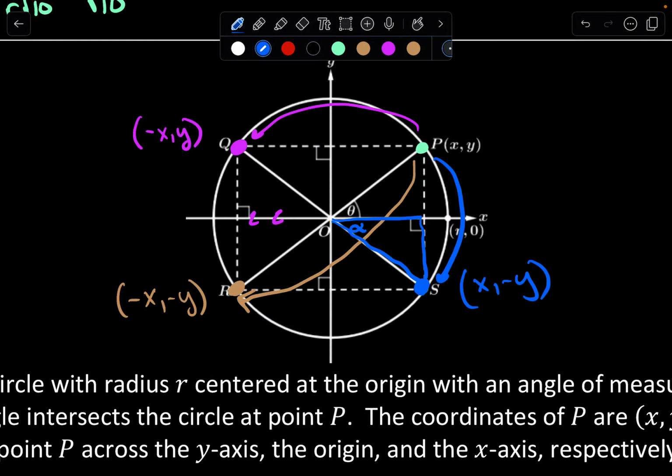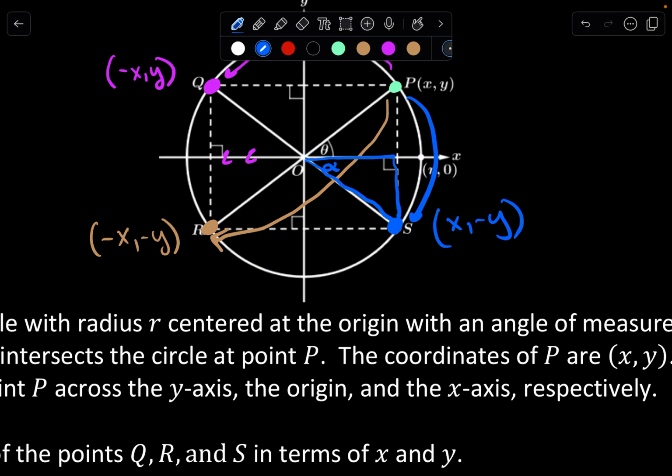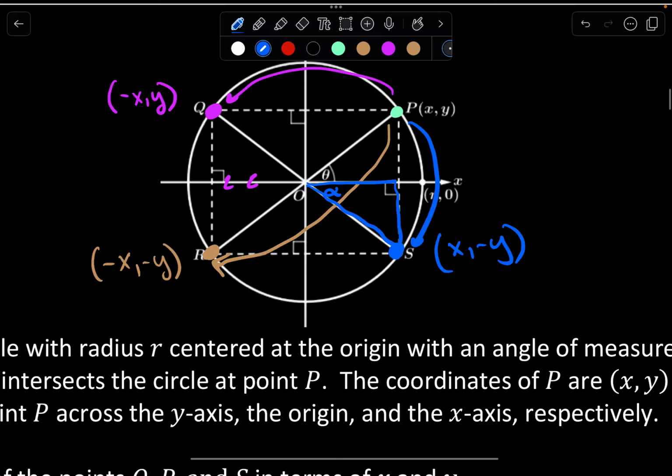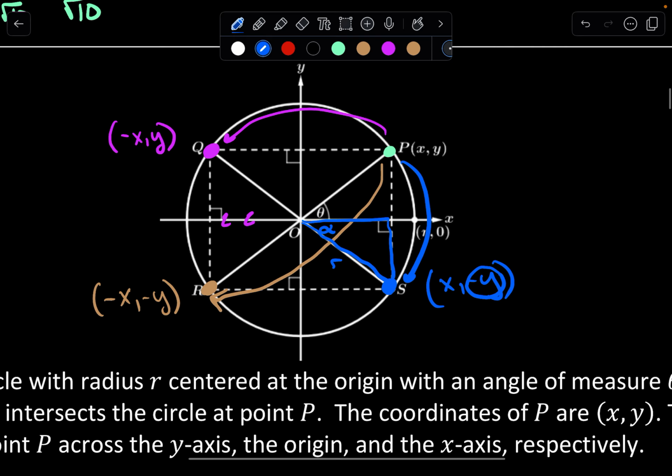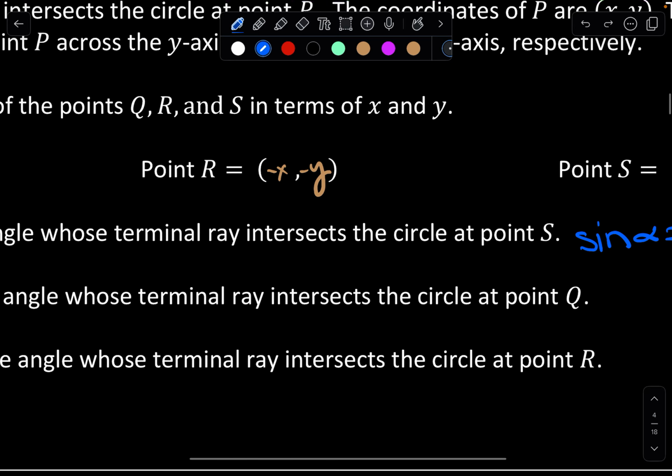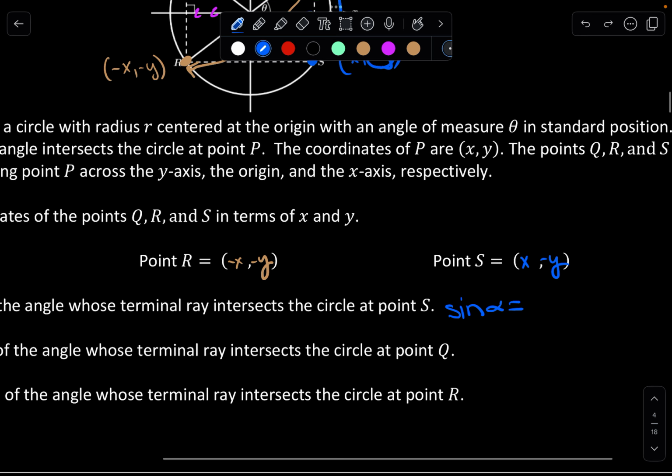So SOHCAHTOA, we're going to be using opposite over hypotenuse. Sorry, that was not right at first. My opposite is negative y, and then my hypotenuse is going to be r. We don't tell you what r is, so we're just going to keep it as r. Okay, so that means we have negative y divided by r.